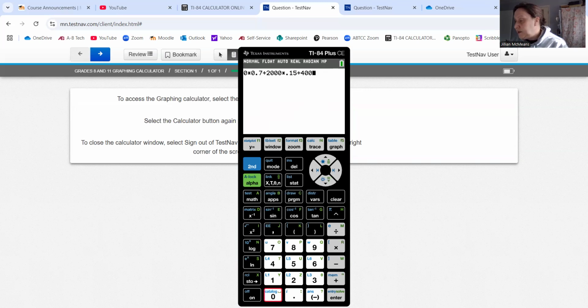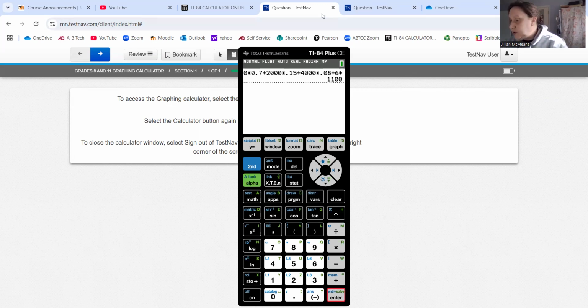We had 4,000 times 0.08, 6,000 times 0.05, 8,000 times 0.01, and then finally we had 10,000 times 0.01. Let me double check and make sure I didn't make any mistakes. Okay, so 0 times 0.07, 2,000 times 0.15, 4,000 times 0.08, 6,000 times 0.05, 8,000 times 0.01, 10,000 times 0.01, and we finally get an expected value of $1,100, okay?